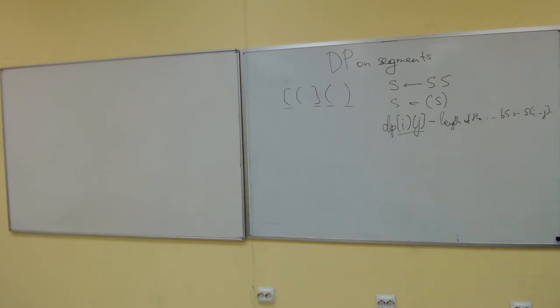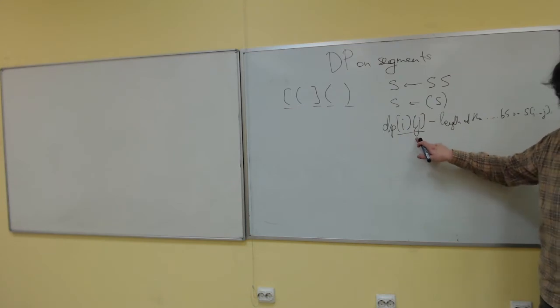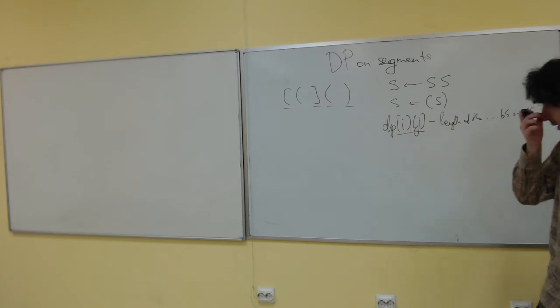Now we have to understand what the steps of this dynamic programming should be. Well, to calculate the DP, from the second hint, we should go to i-1, j+1. Okay, but right now we want to calculate dp[i][j], right?